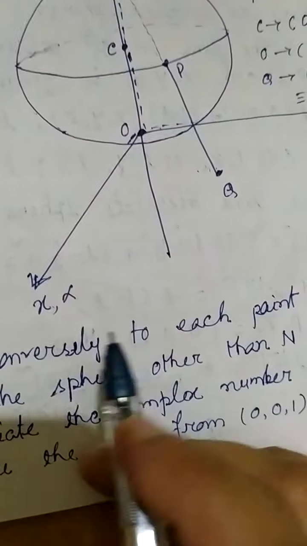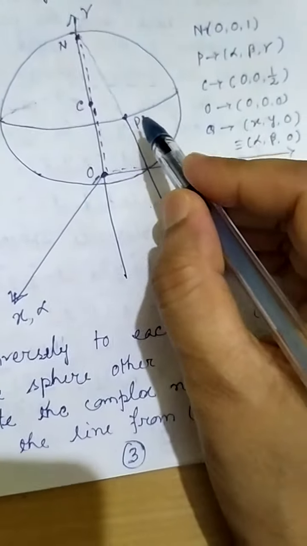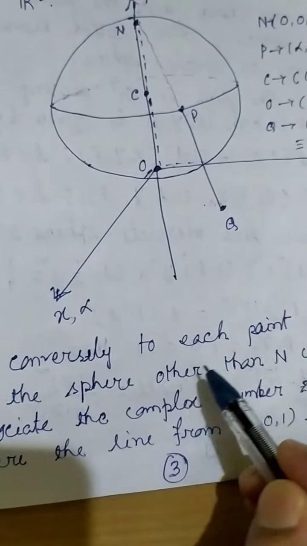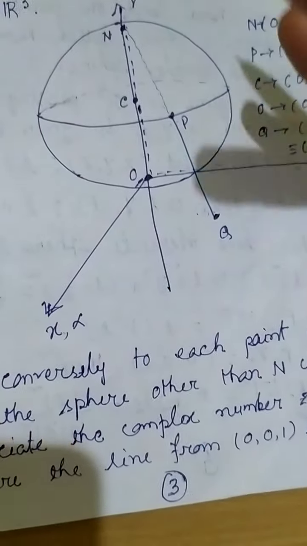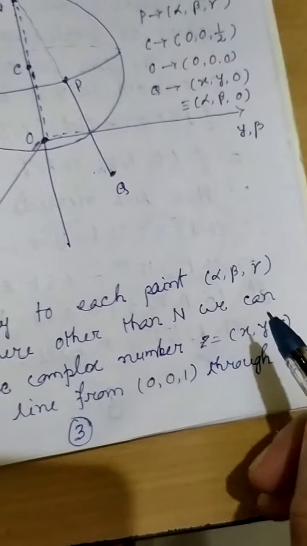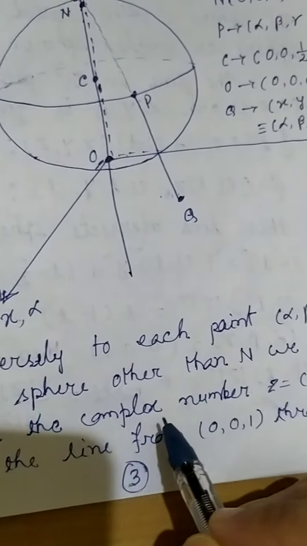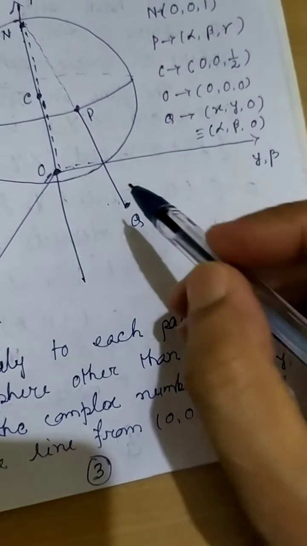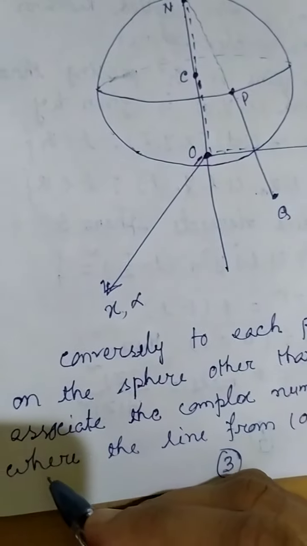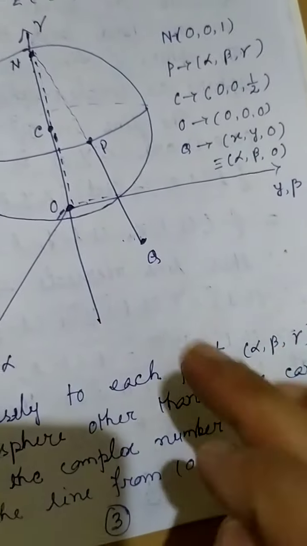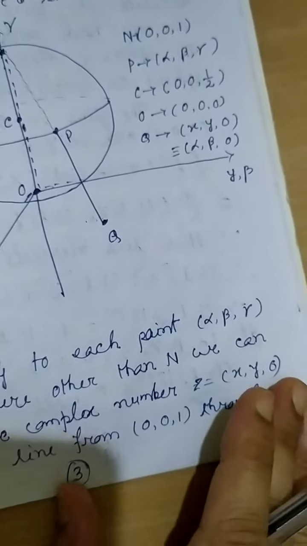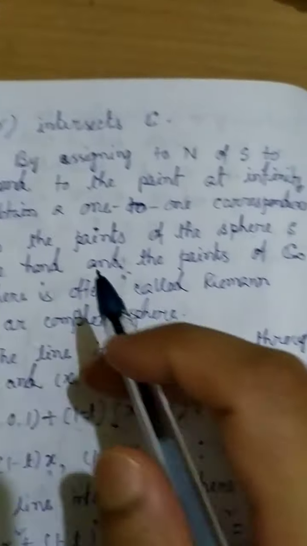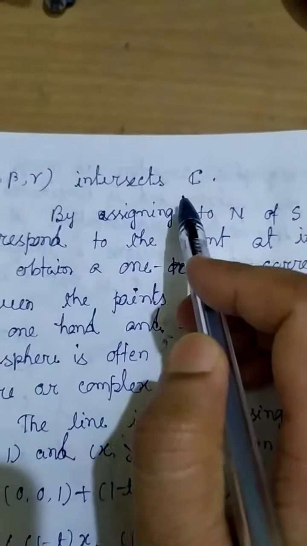And conversely, to each point (alpha, beta, gamma) on the sphere other than N, we can associate the complex number (x, y, 0), where the line from (0, 0, 1) through (alpha, beta, gamma) intersects the plane.